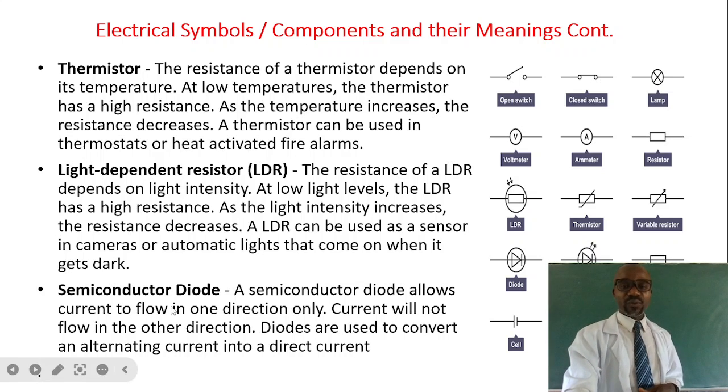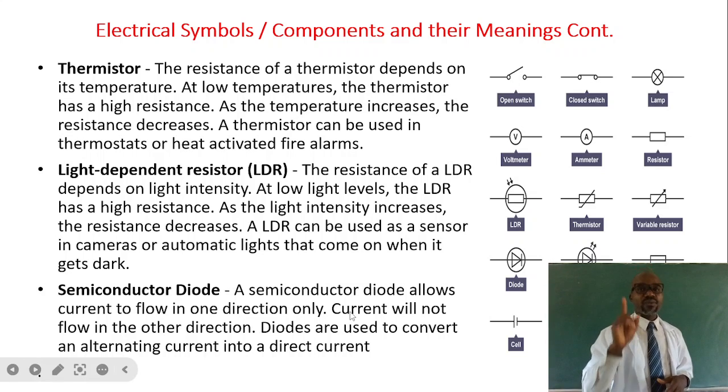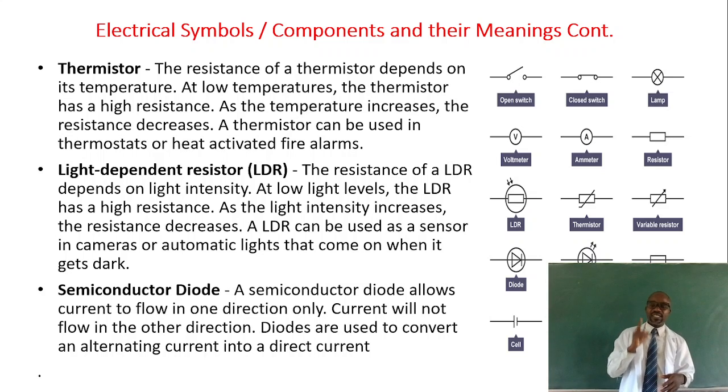Then the next component we need to consider here is the semiconductor diode. When you hear the word diode, one thing that should come to your mind is that it converts alternating currents to direct currents. If you can just remember, diode. My uncle, my teacher says that a diode, a semiconductor diode, converts alternating currents to what?